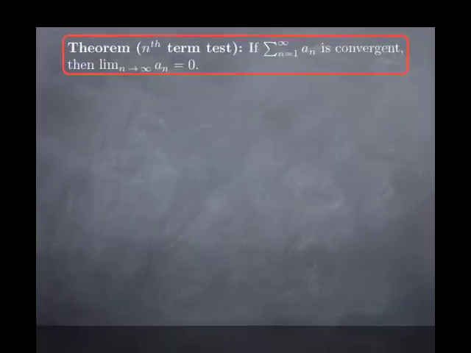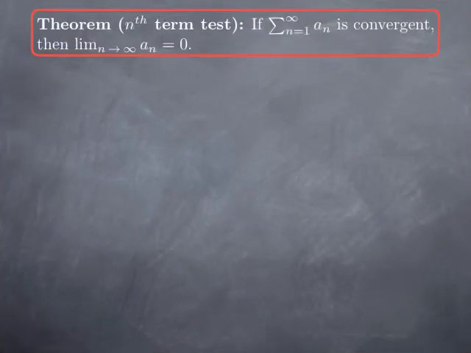Now, this is a particular case of a more general observation that if we have a convergent series, then the limit of its terms is 0. The sequence of terms that we're adding together must be convergent and convergent to 0. So how do we prove that in general?